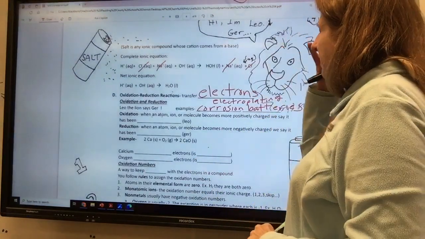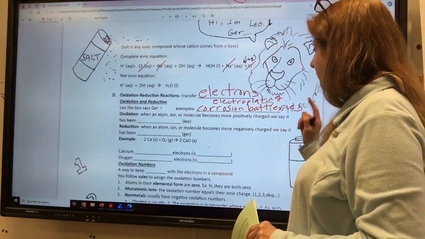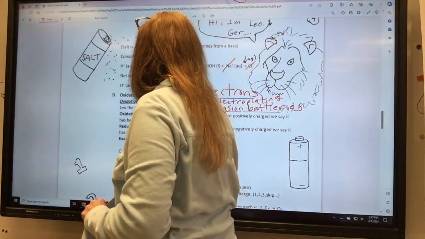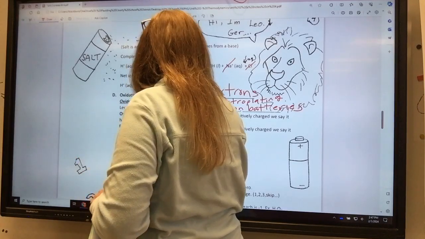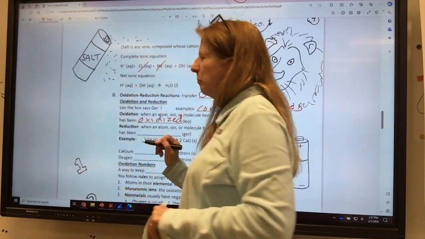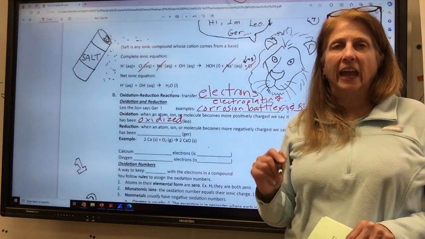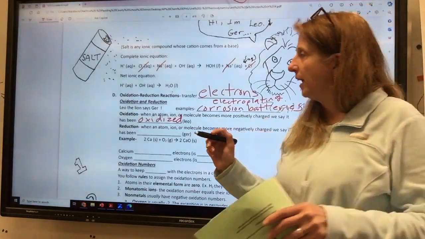Okay, so oxidation. When an atom, ion, or molecule becomes more positively charged, we say that it has been oxidized. So how does an atom become more positively charged? What is it? Does it gain or lose electrons? It loses electrons, okay?